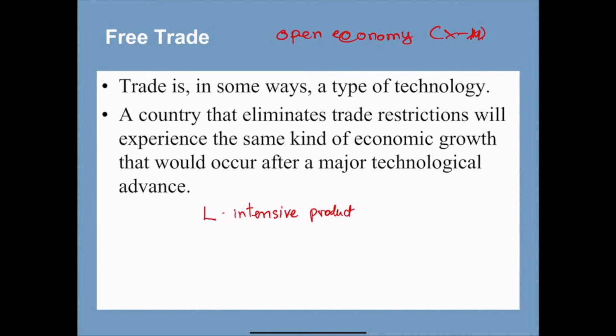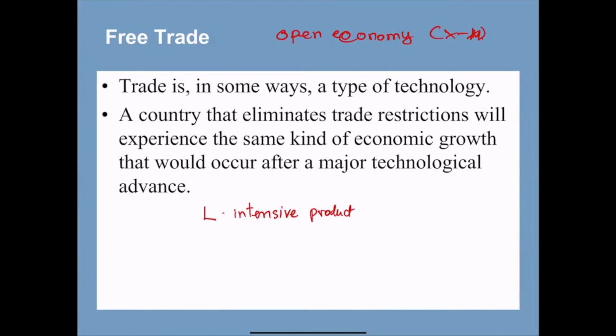But eventually, most of the labor intensive products like television or electrical appliances will move to China, to Vietnam and to Malaysia. And garments, some will move to Laos and Cambodia, right? The point that I want to raise is here.